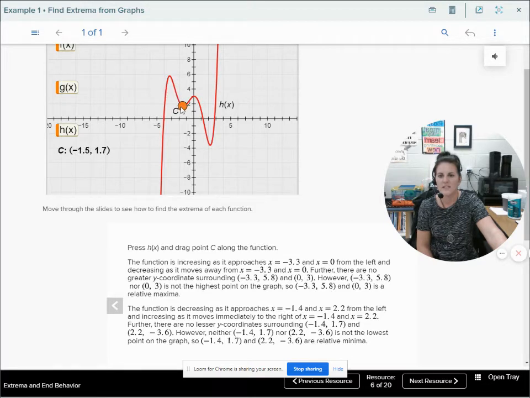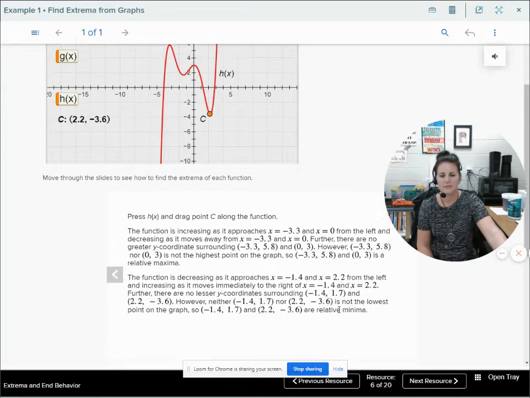This would be a relative minimum. We've got a relative maximum and a relative minimum. So we have several relative minima and we have 2 relative maxima. And those are our extremas.